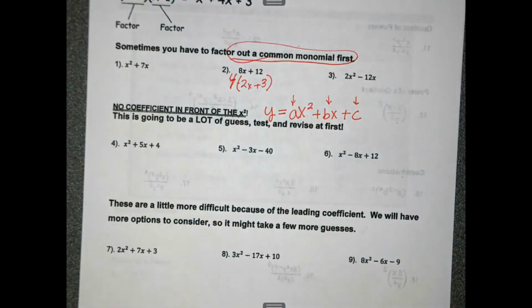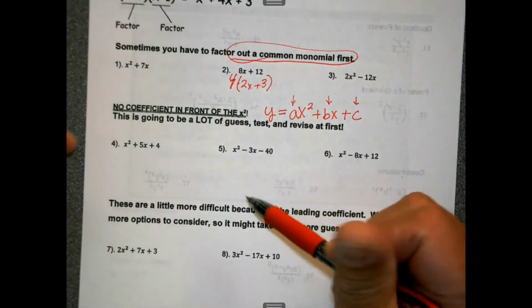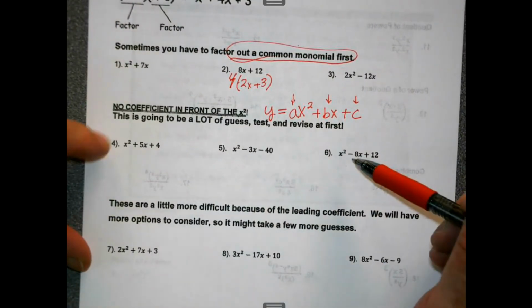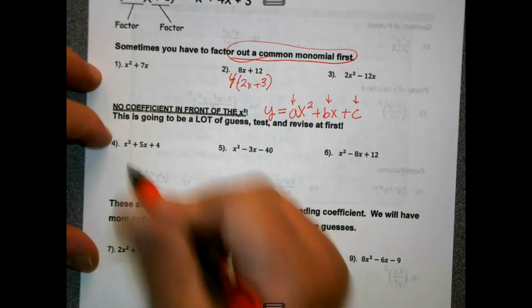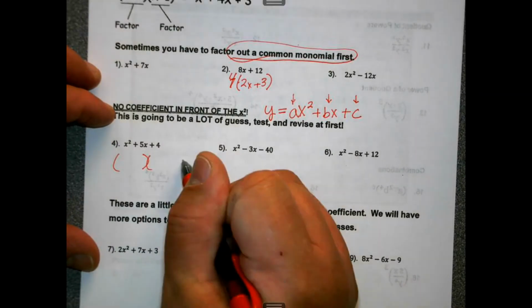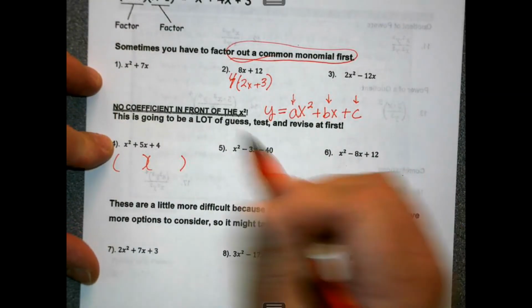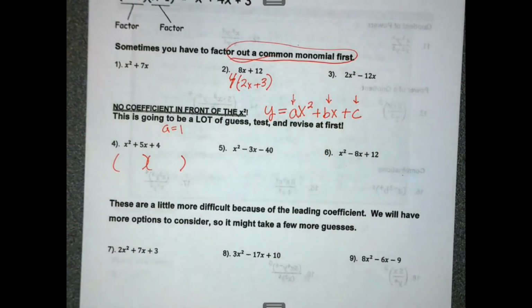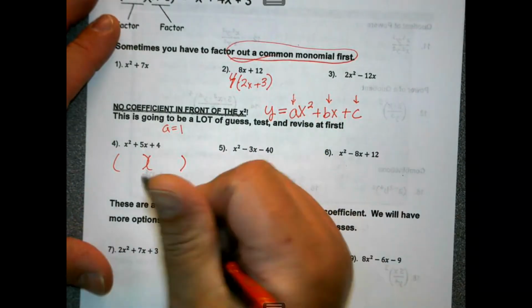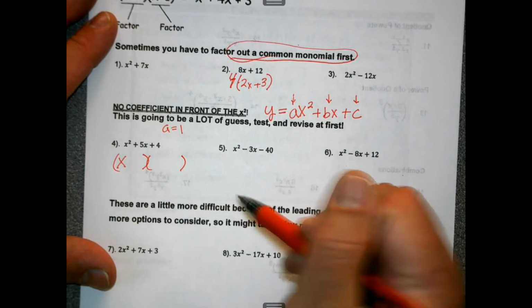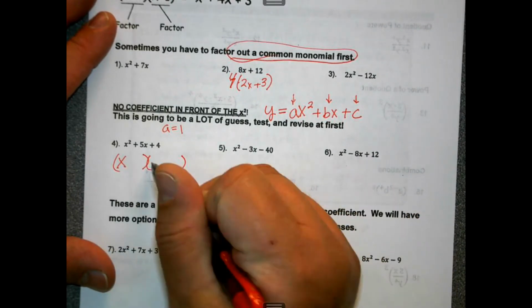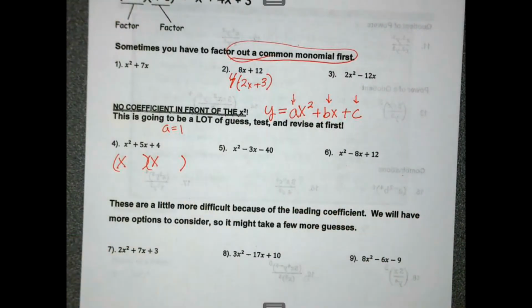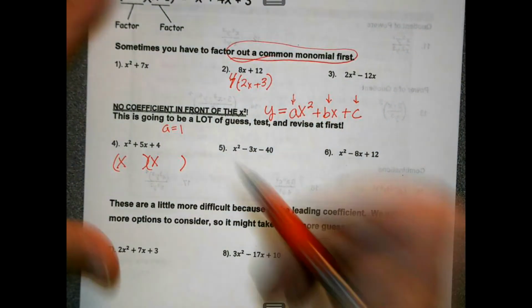All right, so we did trinomial problems where we factored with a equaling 1. The coefficient of x squared equals 1. Those were pretty simple. The only way to get x squared is x times x. Remember, we're doing FOIL backwards, or undistributing kind of.